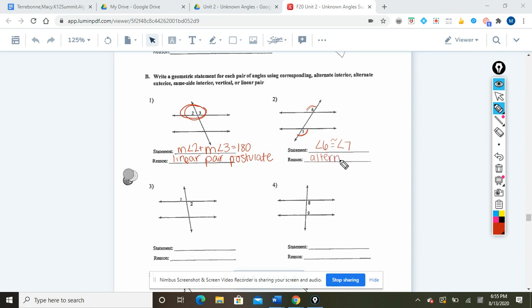Alternate exterior. They're on the opposite sides of my transversal and outside the parallel lines. So I want you to do the same thing for 3, 4, 5, and 6. Pause the video, try 3, 4, 5, and 6 on your own, and then we're going to go over them together.